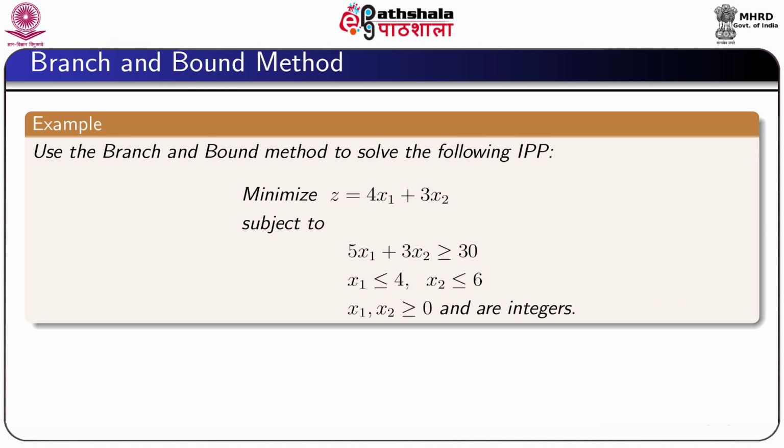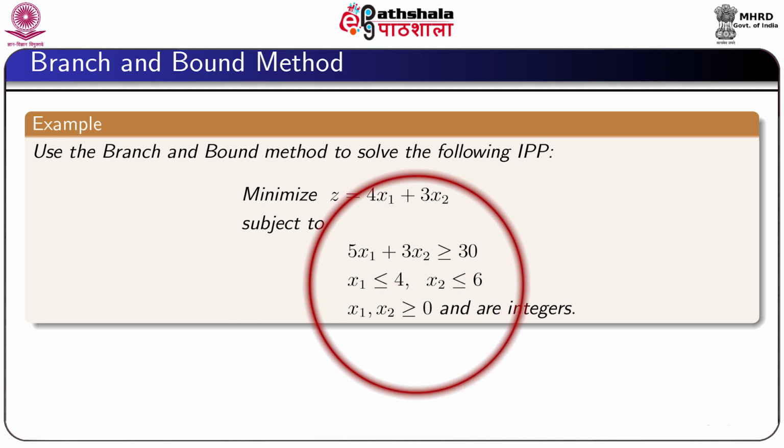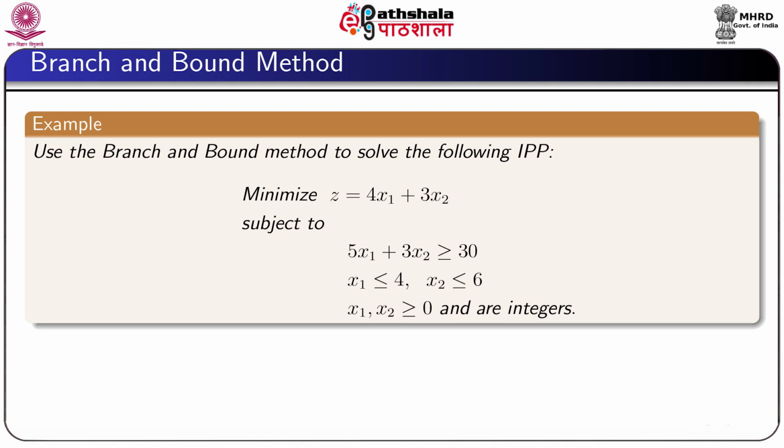Let us consider another example. Minimize z equal to 4x1 plus 3x2 subject to 5x1 plus 3x2 is greater than equal to 30, x1 is less than equal to 4, x2 is less than equal to 6 and x1, x2 greater than equal to 0 and are integers.